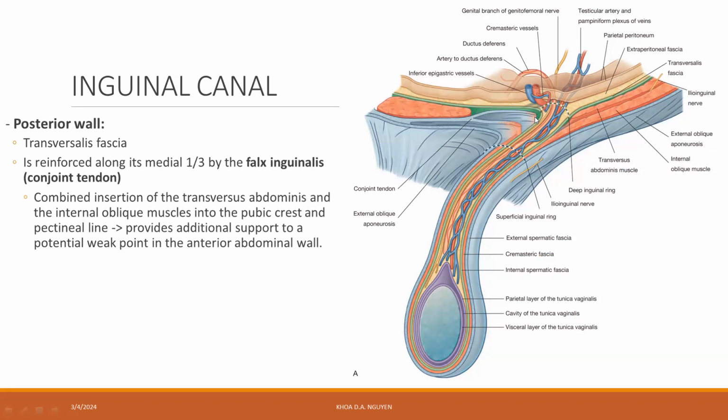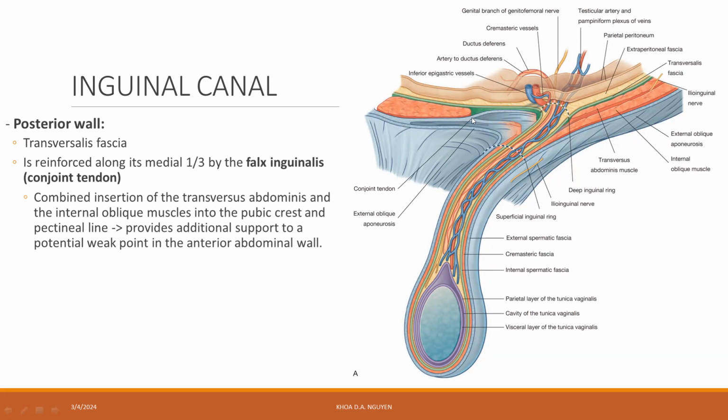But in the medial third of the inguinal canal, you will also have this structure right here, which is going to help reinforce the canal on the medial side. This structure is a tendon that is joined by two structures: the aponeurosis of the internal oblique right here, and the aponeurosis of the transversus abdominis right here.